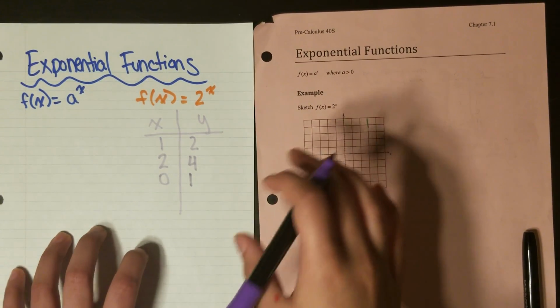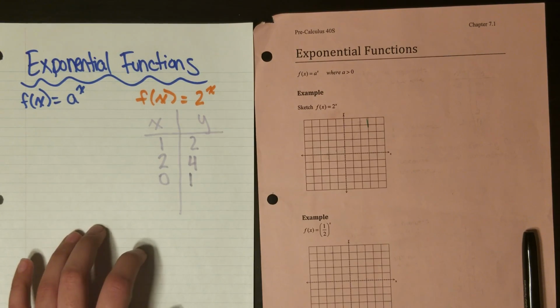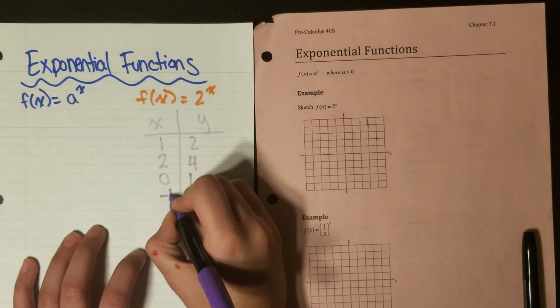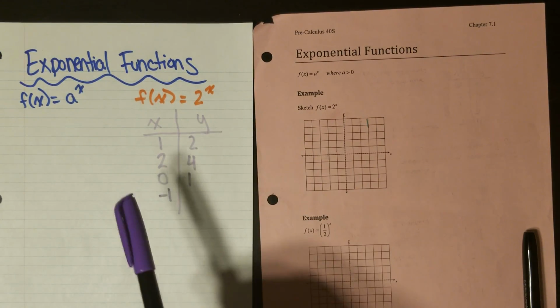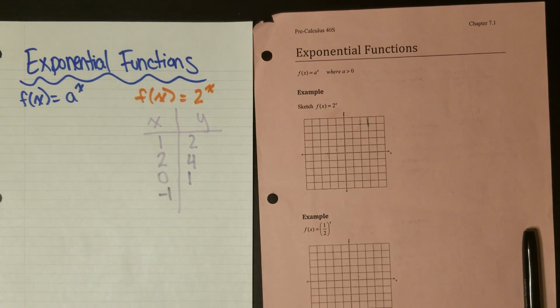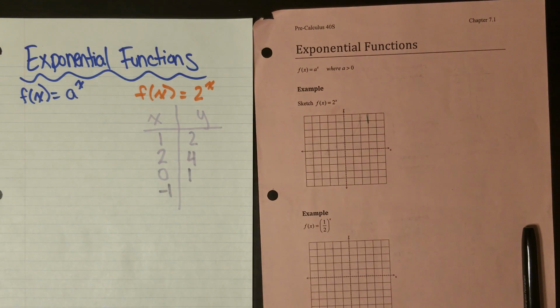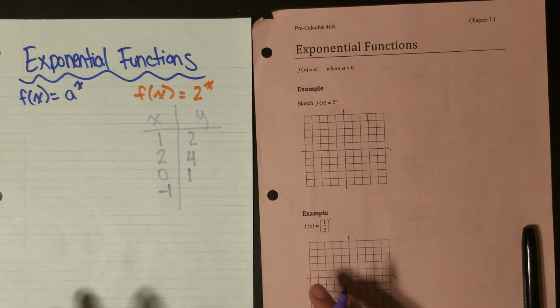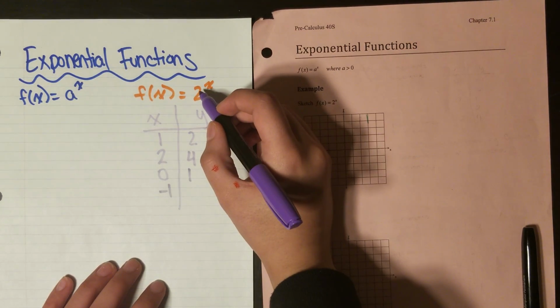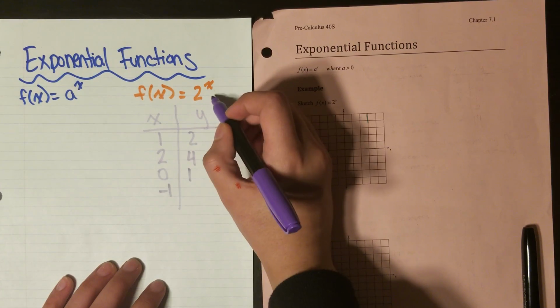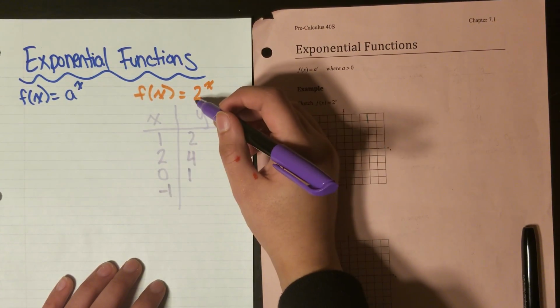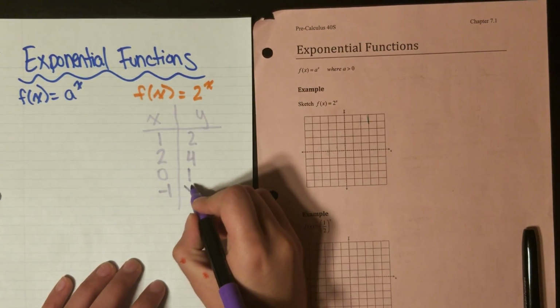Okay, what if I add in some negative numbers into that? What if I say -1? When x is -1, what is y going to be? Well, the first thing we should know is that the negative only flips whatever we have. It reciprocates it. So if I have 2 to the exponent of -1, all that -1 is going to do is flip that 2 into 1/2.